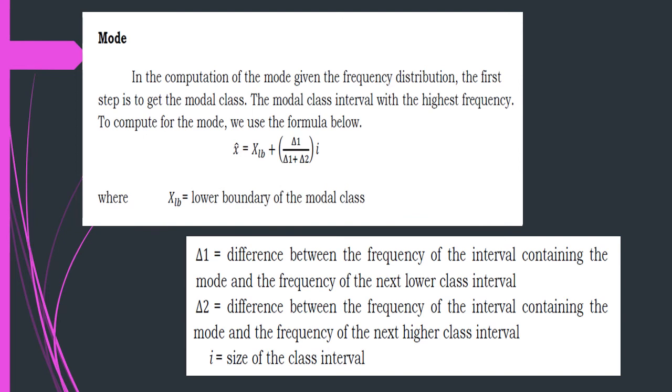Mode equals XLB plus A1 over A1 plus A2, times the interval, where XLB is the lower boundary of the modal class. A1 is the difference between the frequency of the interval containing the mode and the frequency of the next lower class interval, while A2 is the difference between the frequency of the interval containing the mode and the frequency of the next higher class interval, and I is the size of the class interval.